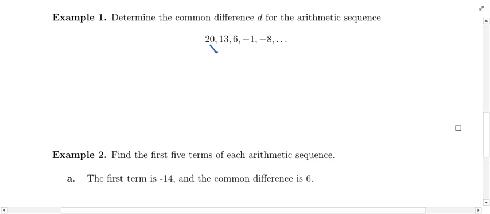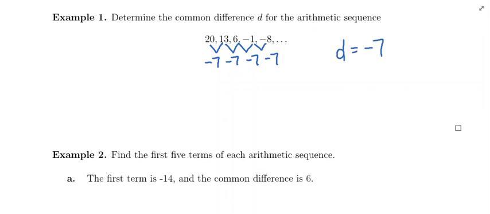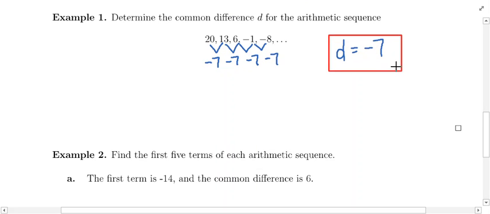To go from 20 to 13, I have to subtract 7. That trend holds. To go from 13 to 6, I subtract 7. To go from 6 to -1, I subtract 7. To go from -1 to -8, I subtract 7. So my common difference here is -7. That's it. We can just recognize it by looking at pairs of terms.